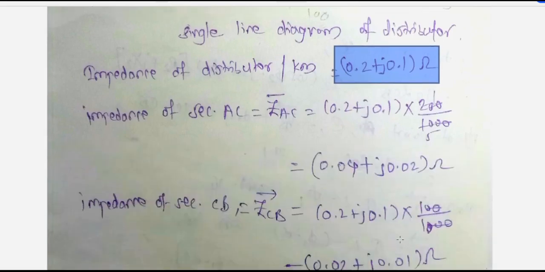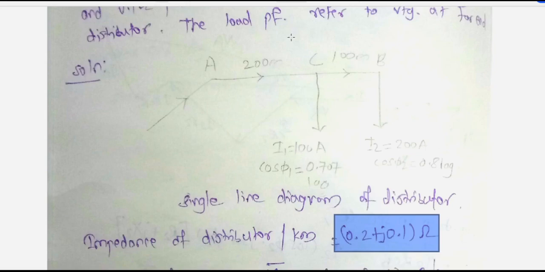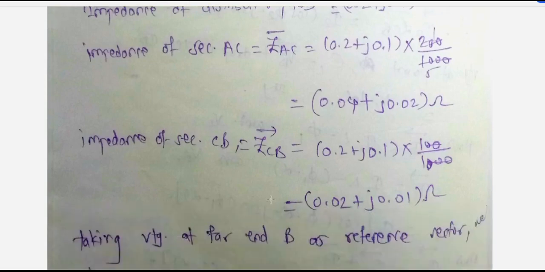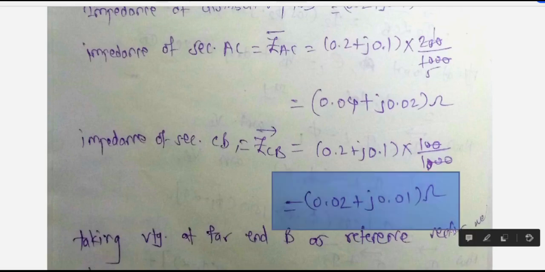So it comes as 0.04 plus j times 0.02. The impedance of the section CB we can calculate with the same formula, ZCB is 0.2 plus j times 0.1 into 100 divided by 1000. So it becomes 0.02 plus j times 0.01 ohm.